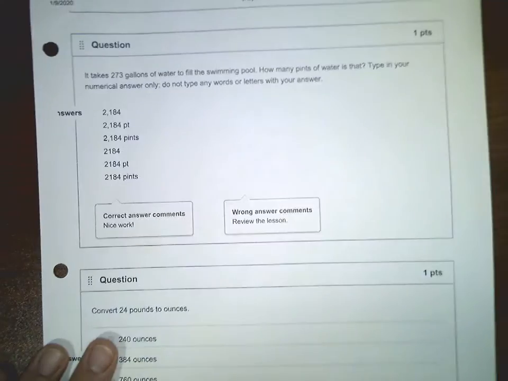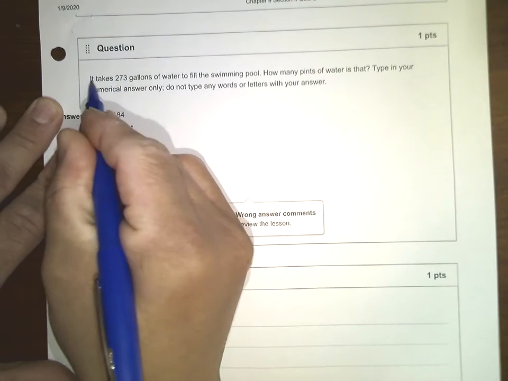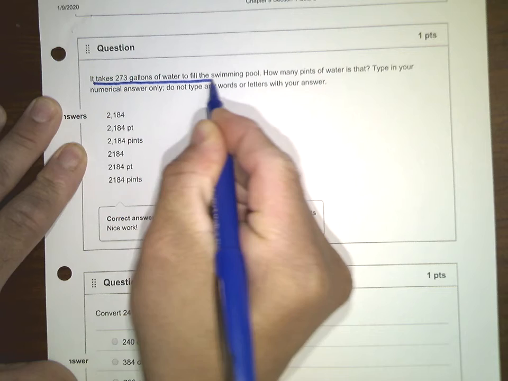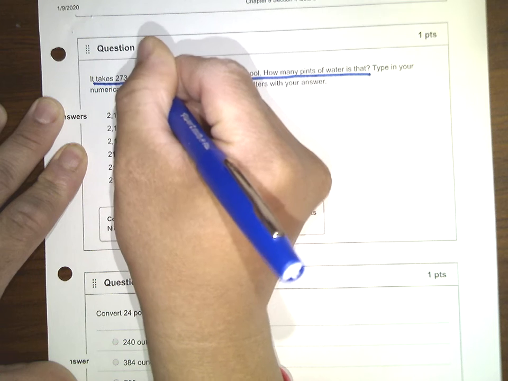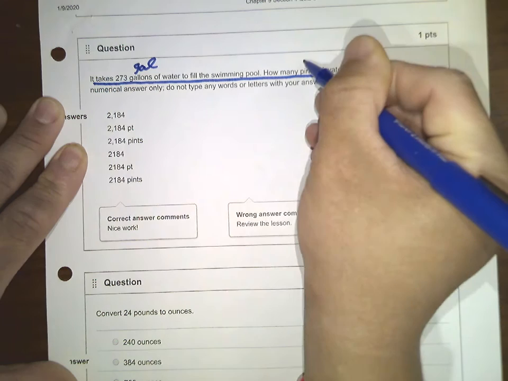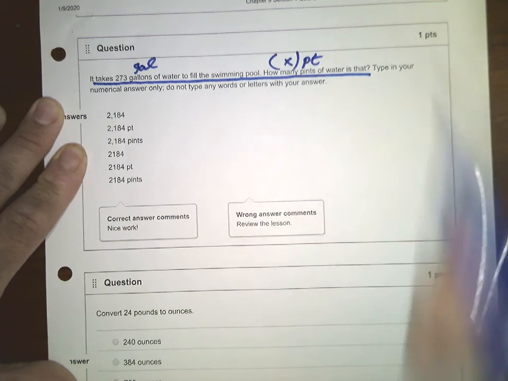All right, so here we go. It takes 273 gallons of water to fill the swimming pool. How many pints of water is it? We have GAL for gallons, and pints is PT, so x pints because it says how many.